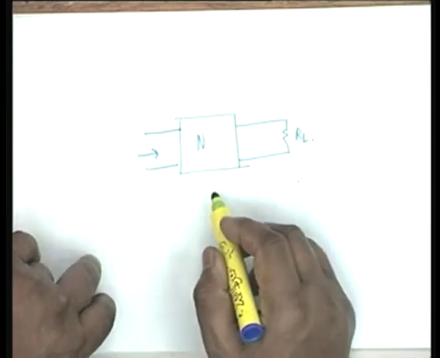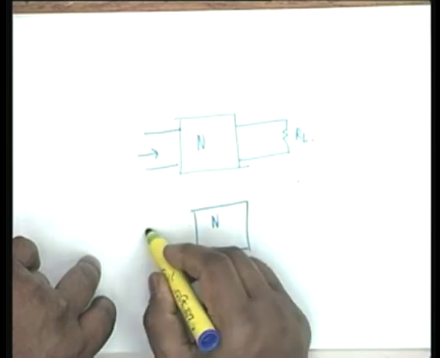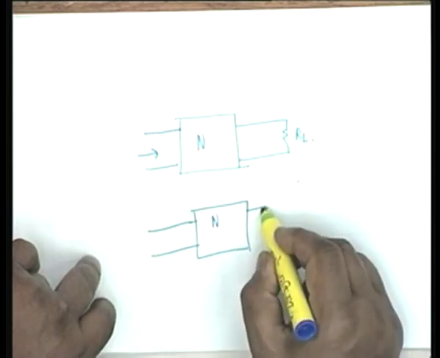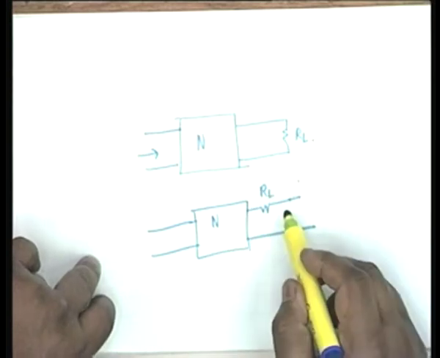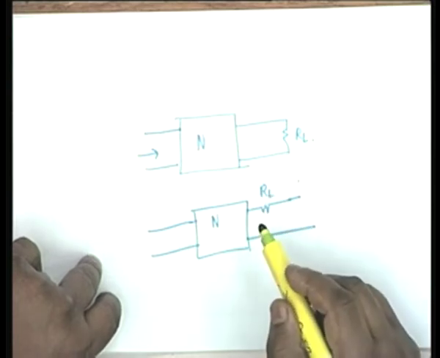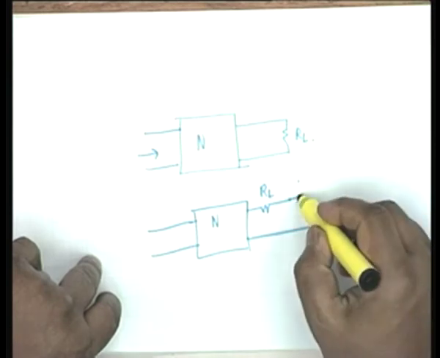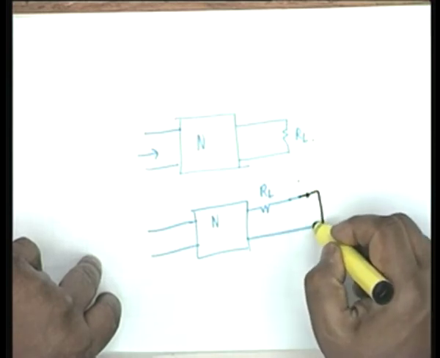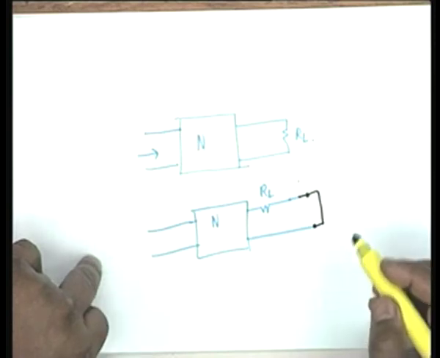Alright. I can look upon this network, be careful now what I am doing, no tricks, very simple method, as an augmented one with an RL at port number 2, and then the output port is short circuited. Is that okay? Yes. All right.